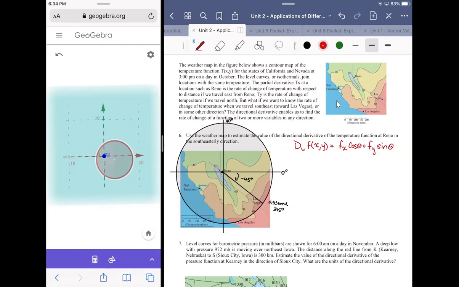So if I look at the cosine theta, sine theta part, we're really looking at f sub x cosine of negative pi over 4.